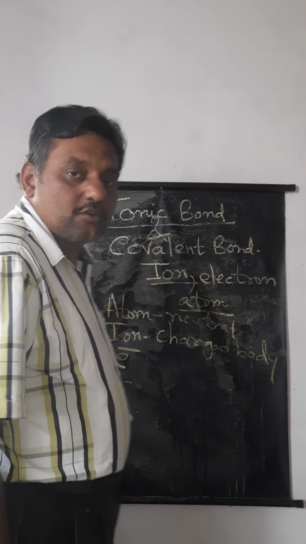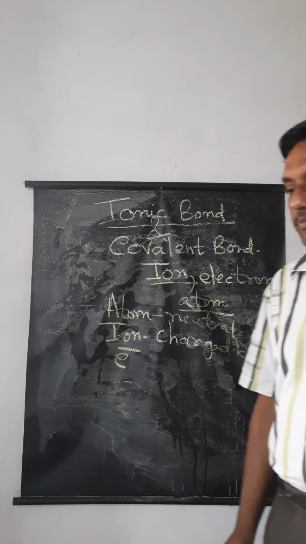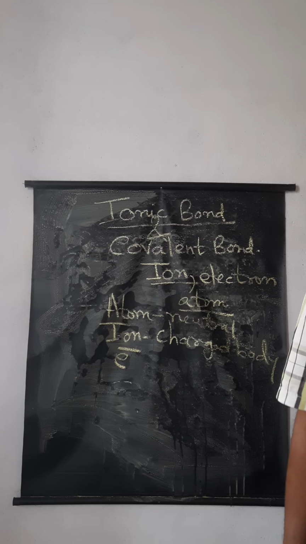Now, you should know that the number of electrons is equal to the number of protons. So, in this case, let us see how an ionic bond is formed.